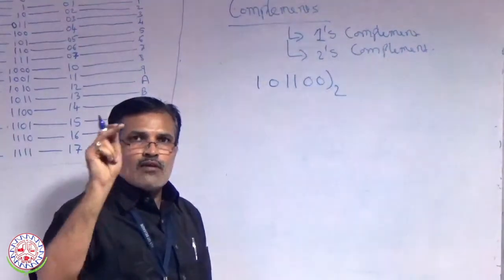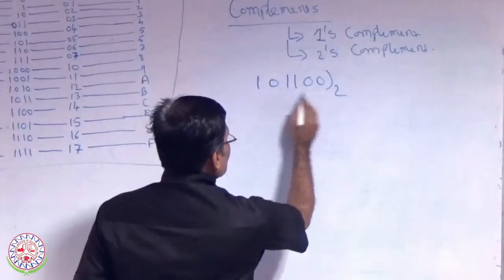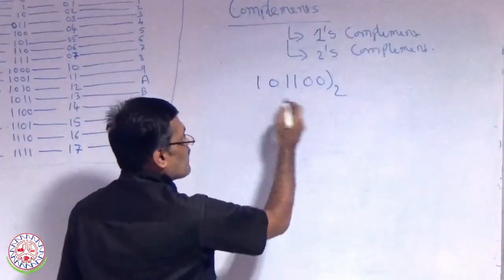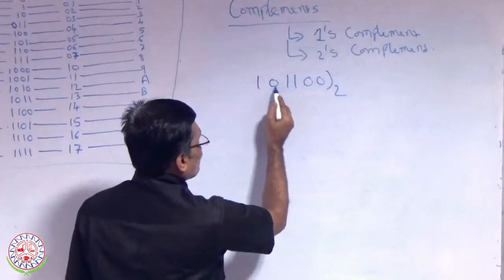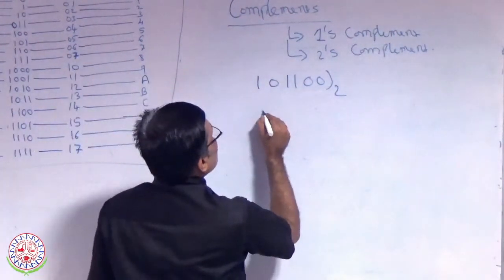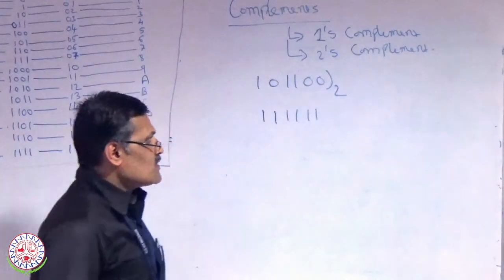That itself is your ones complement. So let us see how it can be done. This is the given number. So 1, 2, 3, 4, 5, 6. There are 6 digits. So the largest number available in a 6 digit number is all ones. This is the largest number.